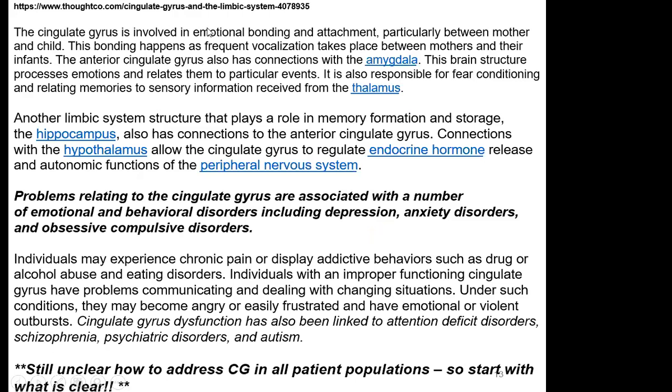The cingulate gyrus is involved in emotional bonding and attachment, especially between mom and baby. Whenever we're looking at the cingulate gyrus, if we have a mom who is suffering from depression after she has her baby, then sometimes this can create some distance between her and her child.